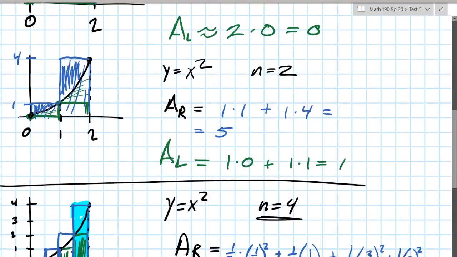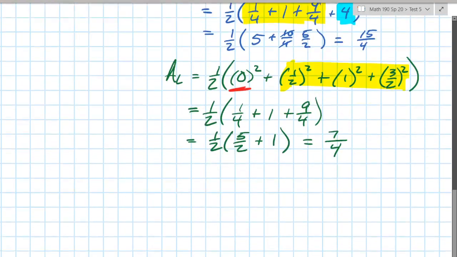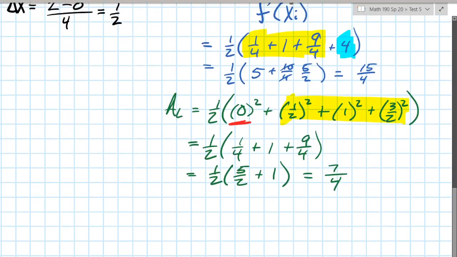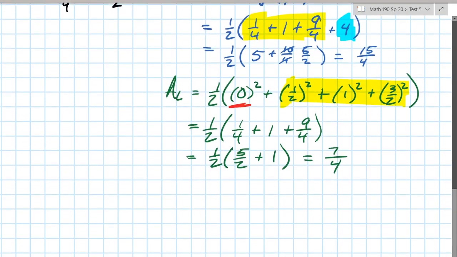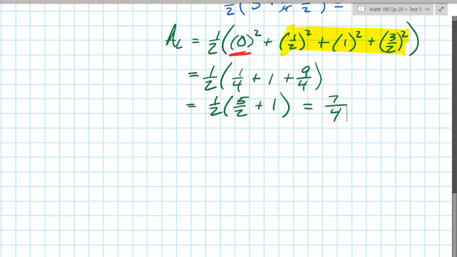Over here, 5 and 1, bigger difference. A little bit smaller difference, even smaller difference. So it would be great if the left-hand sum and the right-hand sum would give us the same value. So what we would really like is to have n approach infinity.